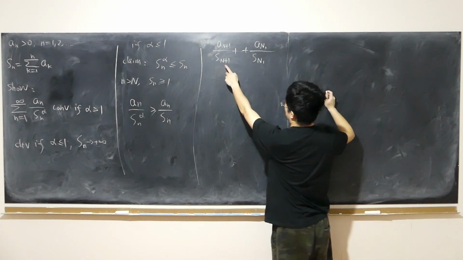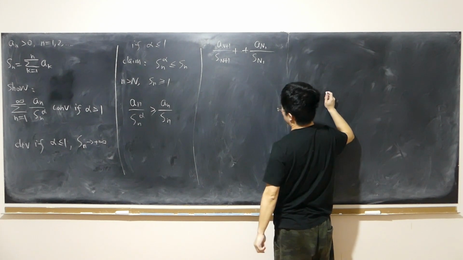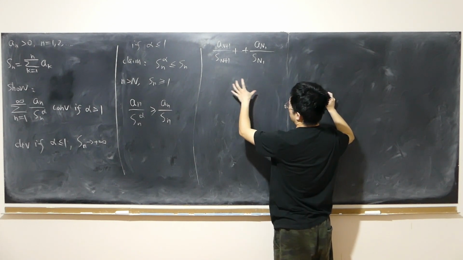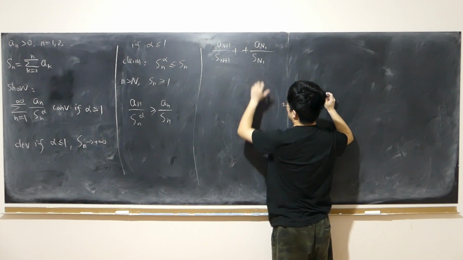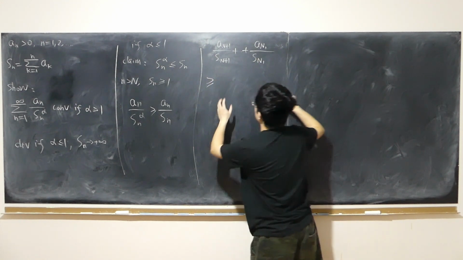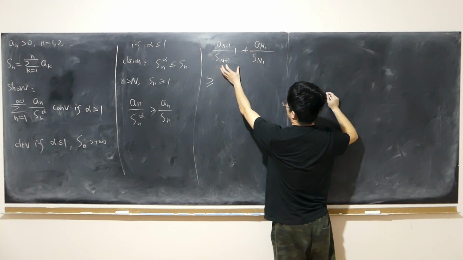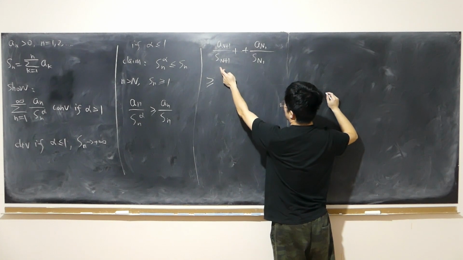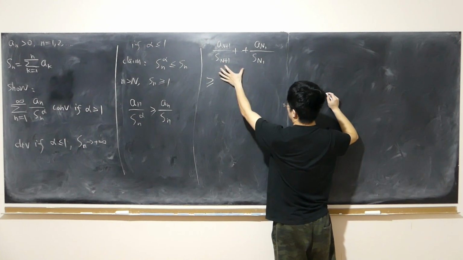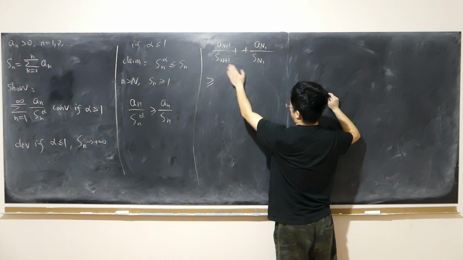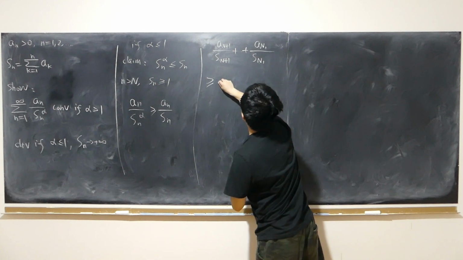Capital N is still fixed. Capital N1 is large enough, right? In this case, I want to make it a little bit smaller, so I need to make the bottom a little bit bigger. I want to replace every denominator with Sn1, because out of this many denominators, which one is biggest? Sn1, obviously, right?